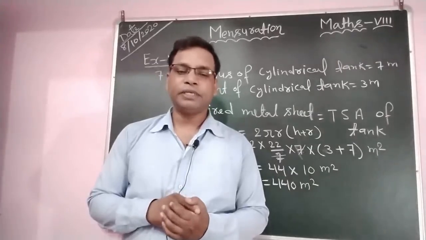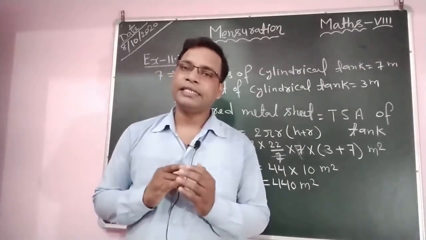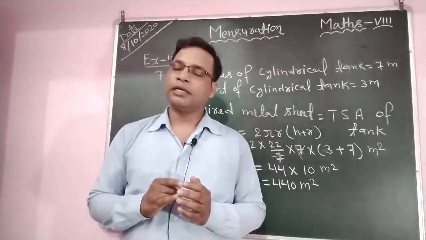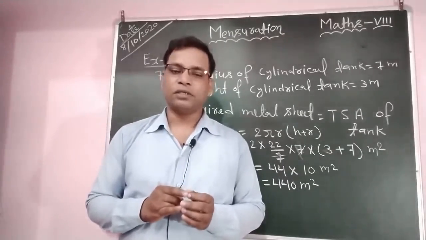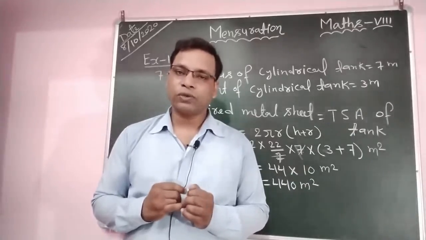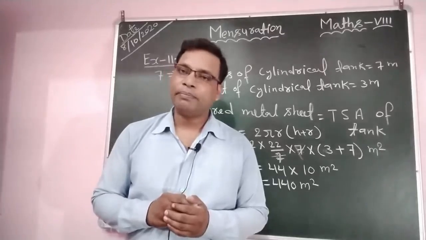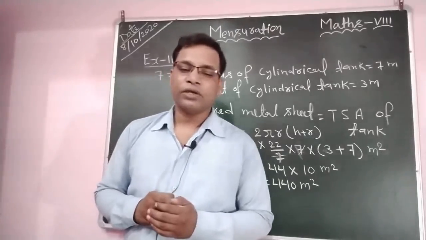So in this question, it is given that a closed cylindrical tank of radius 7 meters and height 3 meters is made from a sheet of metal. The question asks us to find how much sheet of metal is required.